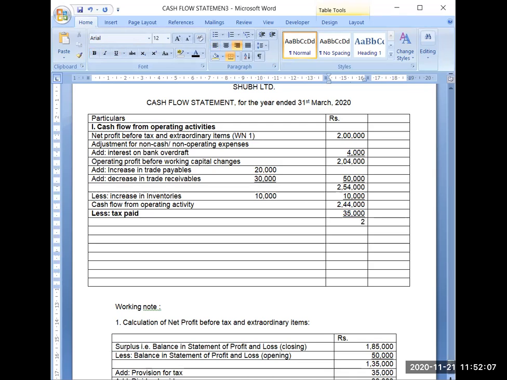So my cash flow from operating activity will be 2,09,000. And I will write it here, 2,09,000.